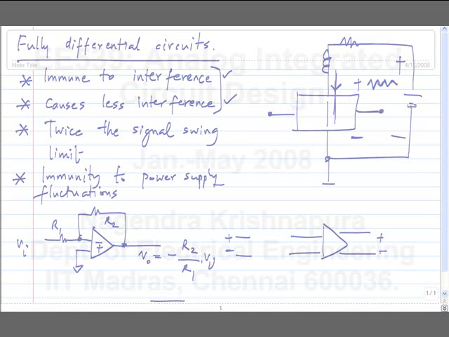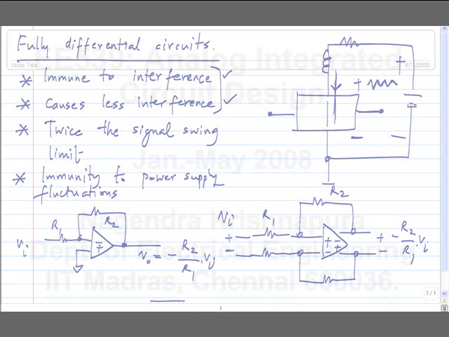So what we do is, we sum the differential input with the differential output and feed it to the differential input of the op amp. Okay. So if I apply some Vi here, I will get minus R2 by R1 times Vi between these two terminals.